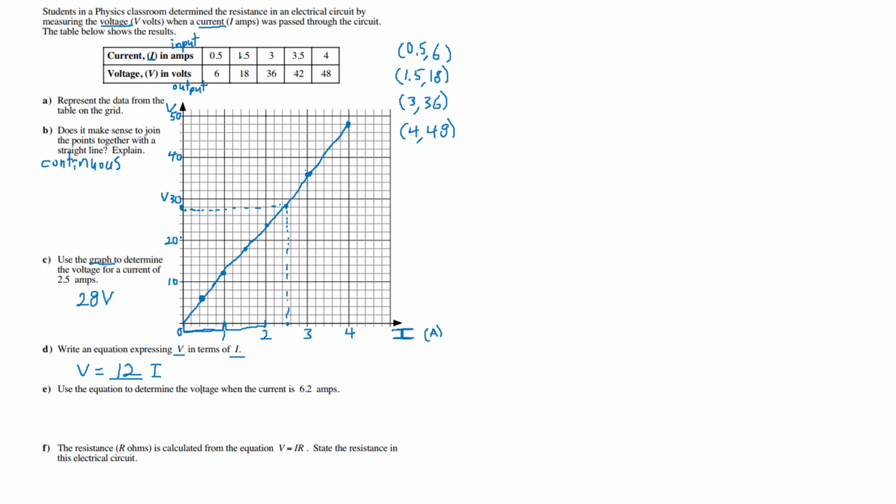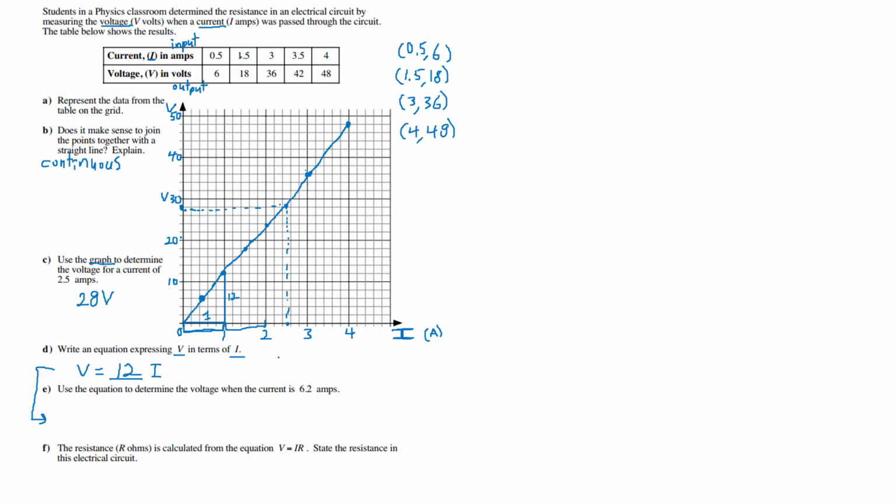Use the equation to determine the voltage when the current is 6.2 amps. Now just to jump back to the previous part for a second, how did I get that 12? Well, it's really just doing a rise over run. If my run here is 1, then my rise here is 12.